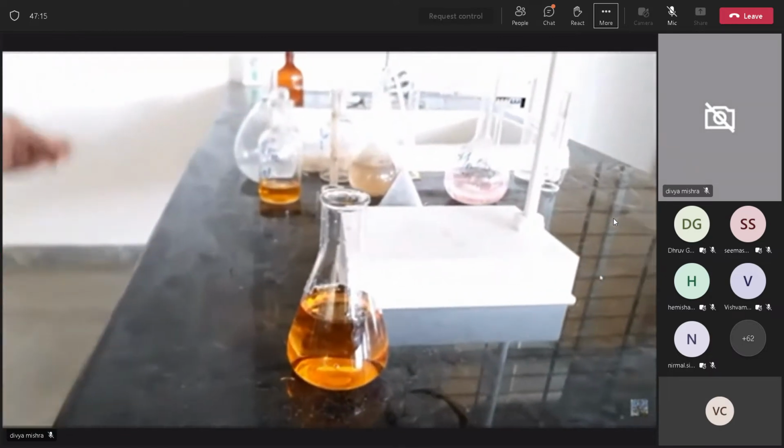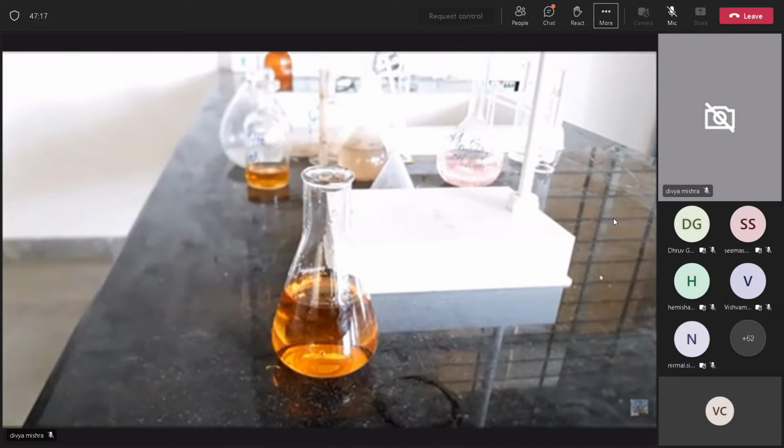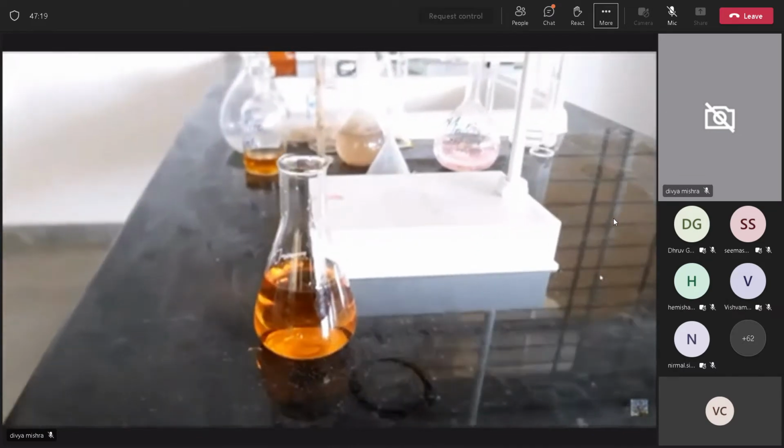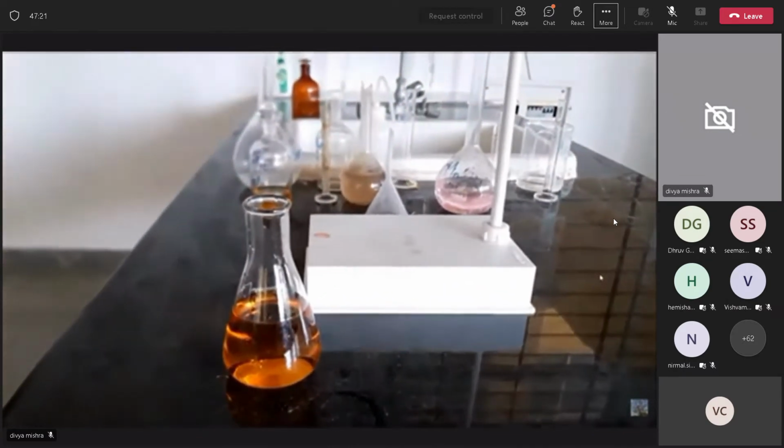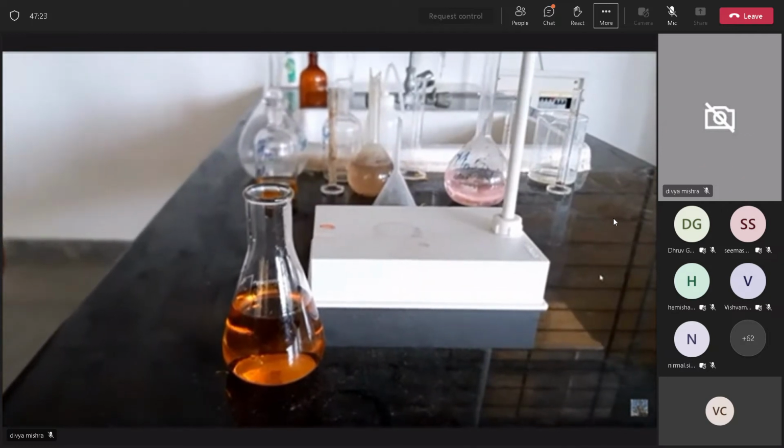So exactly 203 ml of sample is taken from the BOD bottle into the conical flask, to titrate it against sodium thiosulfate solution.